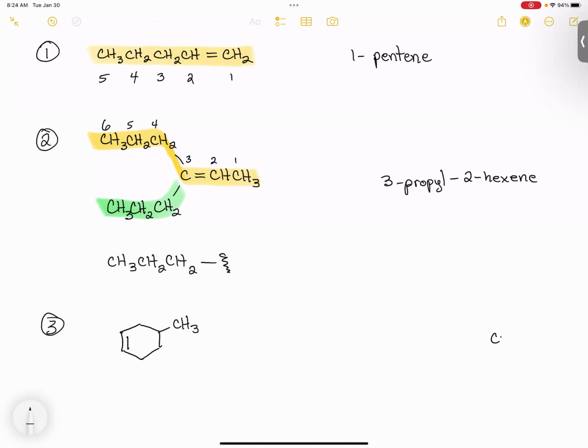So I know this is going to be cyclohexene because it's 6 carbons in that cyclic group. Now, to number this thing. We know, according to the rules, if you look back, when you're numbering a cyclic group, the double bond has to be carbon 1 and 2.